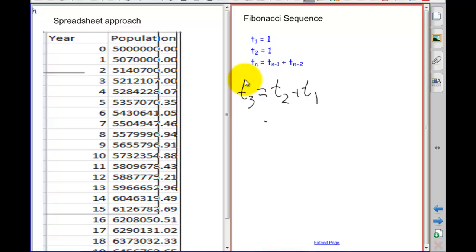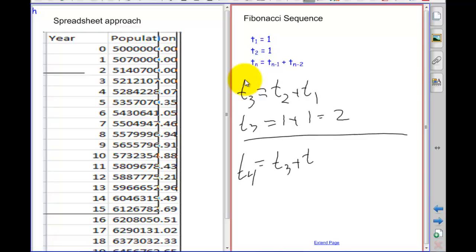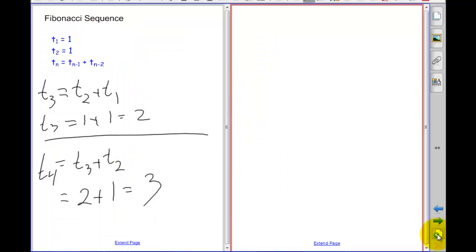So the third term is 1 and 1, or 2. The fourth term then? T sub 3 plus T sub 2. So T sub 3 is 2, T sub 2 is 1. You get 3. Then T sub 5 will equal T sub 4 plus T sub 3. 3 and 2 is 5.